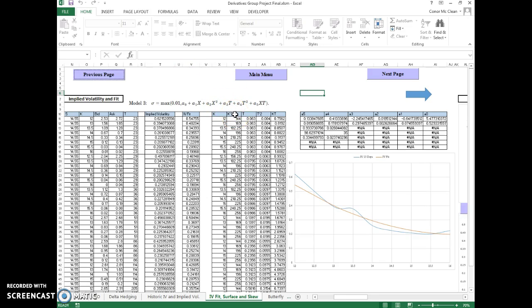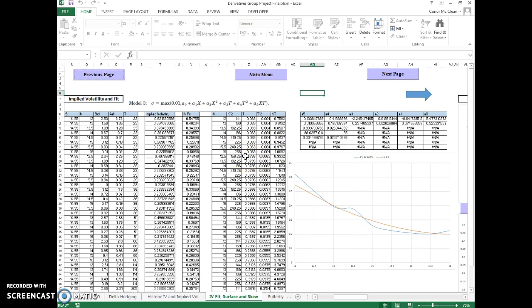Next was the implied volatility fit, and this was based off model 3 above, and we needed to calculate k, k squared, t, t squared, and k multiplied by t. And then we also used the LINEST function to calculate a5 to a0, which was based off our implied volatility and this recently constructed table.